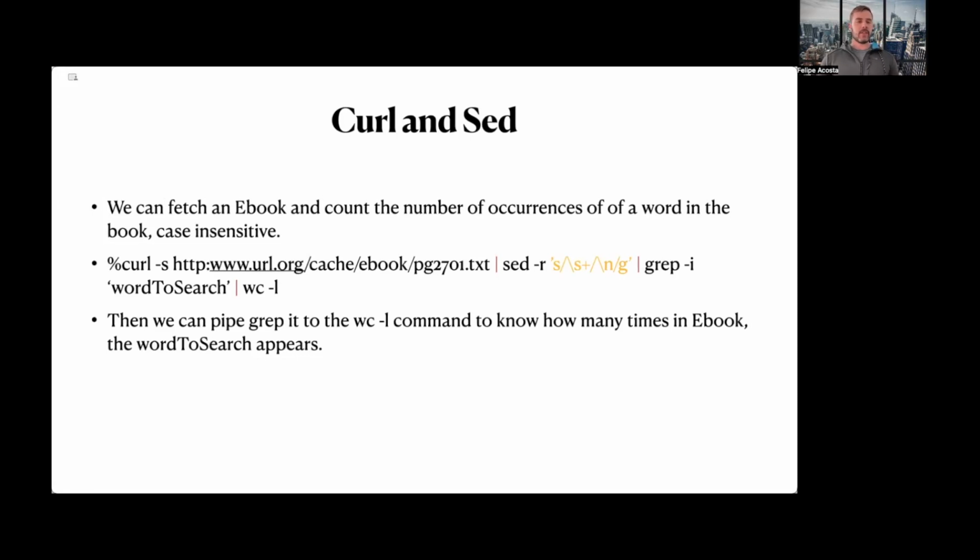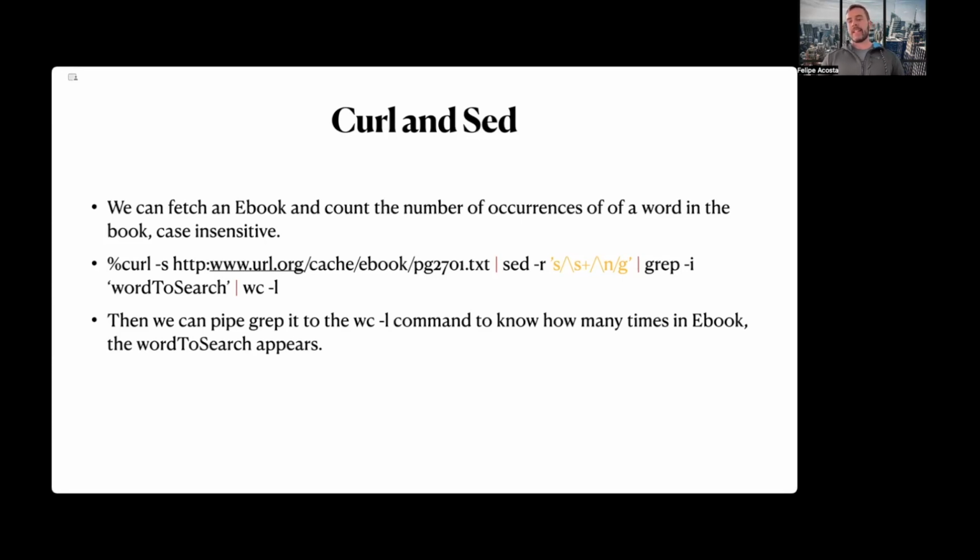So the command here is curl -s, and then feed it a URL, use the pipe, and then feed that into the sed command -r, which stands for extended regular expressions, and then basically a regular expression, s/\s+/\n/g, where \n is new line and g is for global.